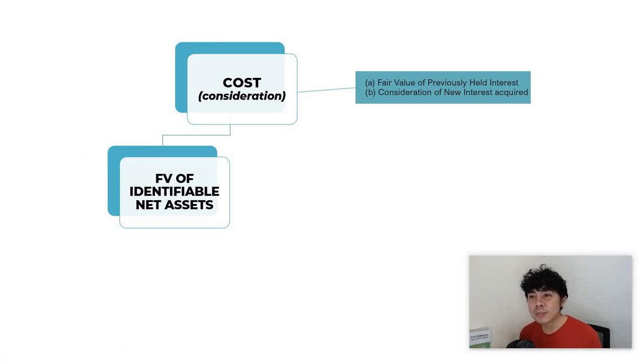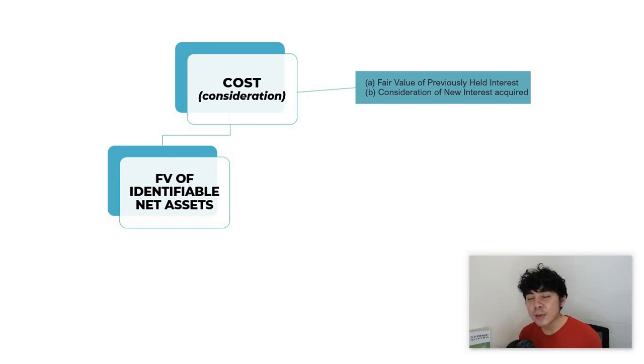However, what do we mean by identifiable net assets? So, when we say identifiable net assets, ibig sabihin nito, ito yung mga assets less liabilities ni investee, which includes, pagdating sa assets, kasama dyan yung tangible and intangible assets. Pero, when it comes to intangible assets, hindi kasama dun yung goodwill.